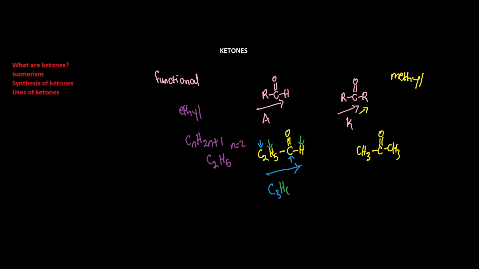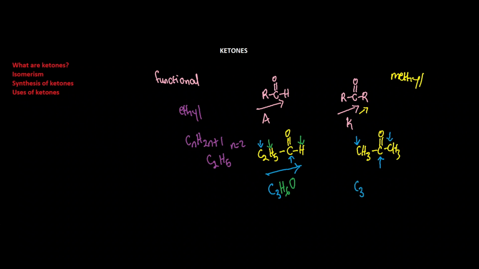Okay, so that is 6 hydrogen atoms in total. Now of course we have 1 oxygen atom, so we have C3H6O, right?